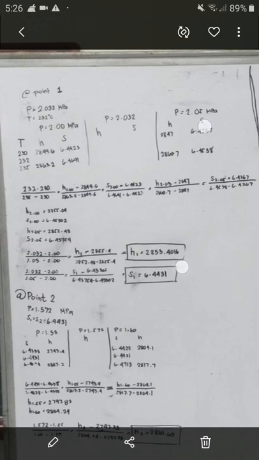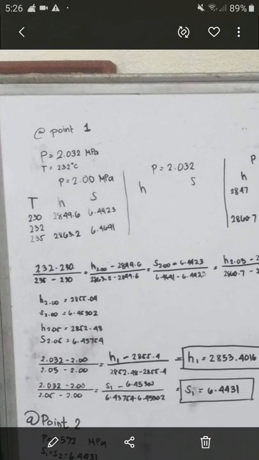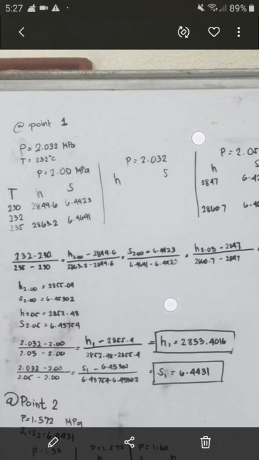At point 1, we are given a pressure of 2.032 MPa with a temperature of 232 degrees Celsius.